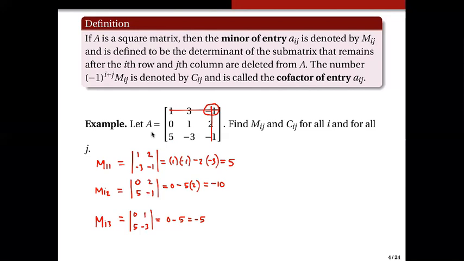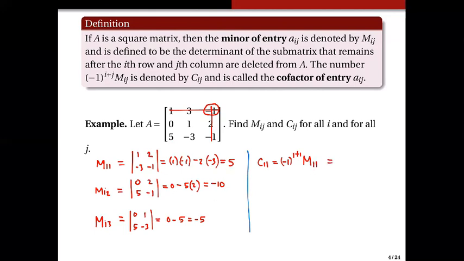Let us calculate the cofactors before we calculate everything else. So we want now C11. According to the definition, it's equal to negative 1 raised to 1 plus 1 times M11. Now, 1 plus 1 is equal to 2, so negative 1 squared is positive 1, and M11 is equal to 5.